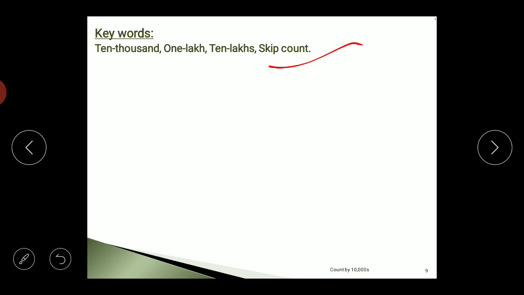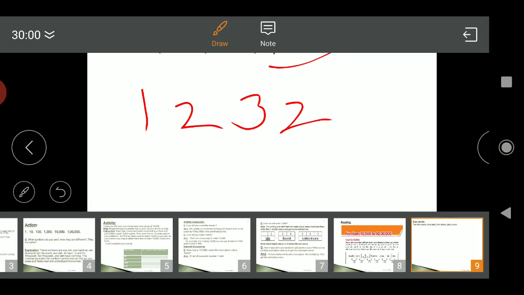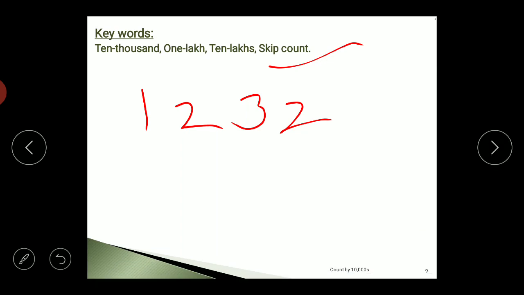For example, we have to skip by 1000. So first of all, we have to go to the 1000 place: ones, tens, hundred, thousand. So this is the 1000 place.